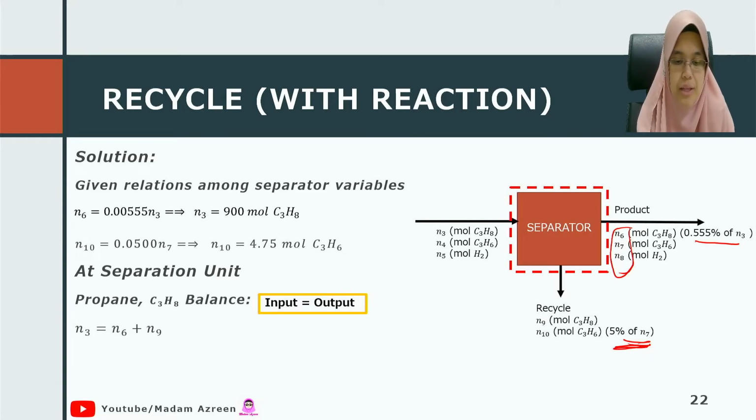We have N3 propane plus N6 propane. N3 is input equal to output N6 plus N9. We already know what is N3, and we also already know what is N6. So we can determine what is N9.